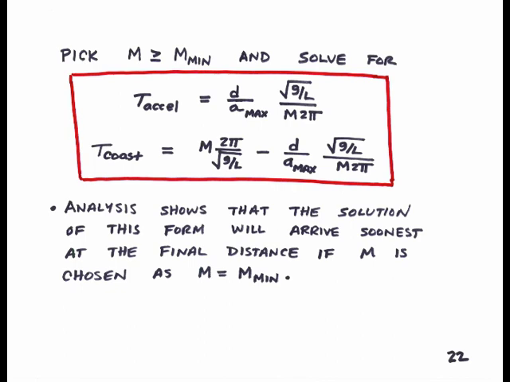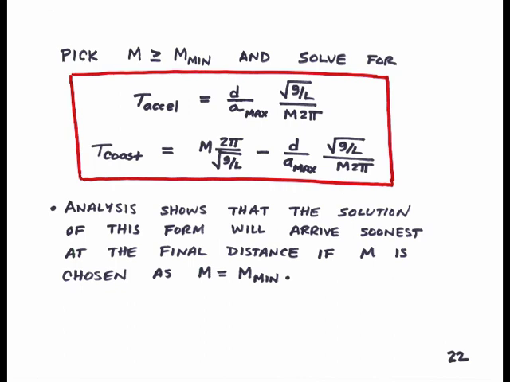As before, the distance traveled will be 37 meters, and the acceleration will be 0.5 meters per second squared. For this simulation, m was chosen as m_min, which was 2. With this value, the total time to complete the translation was 18.5 seconds.